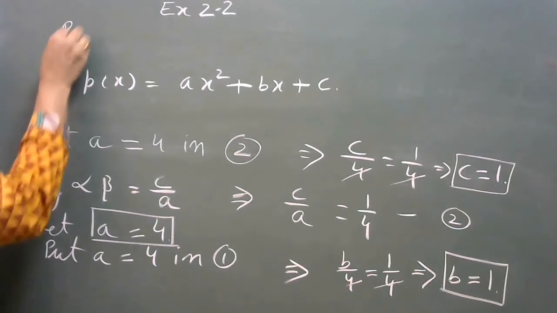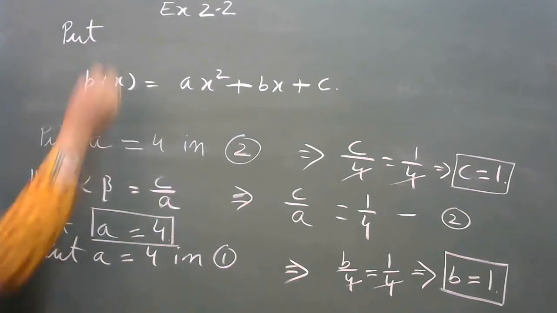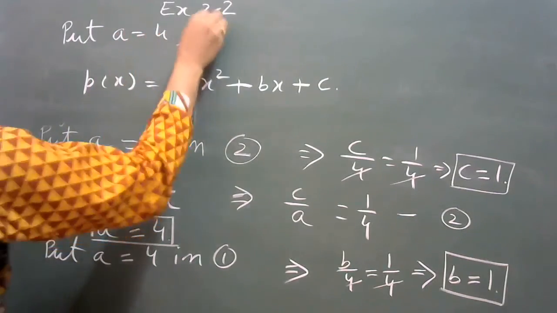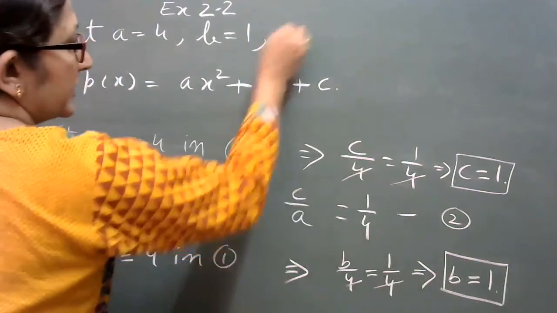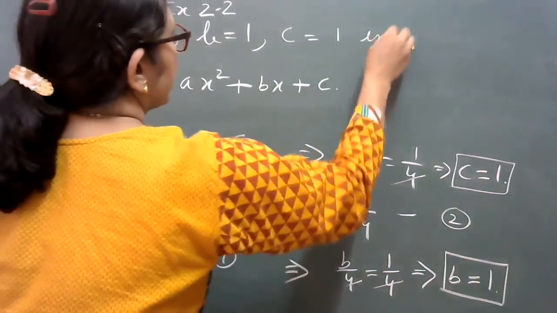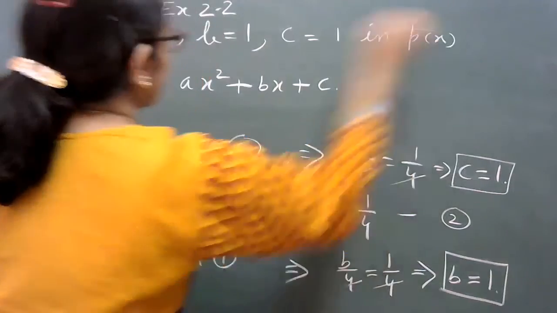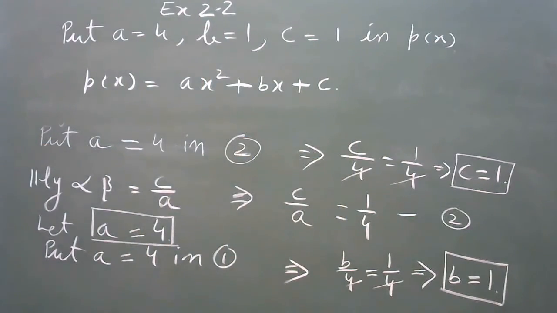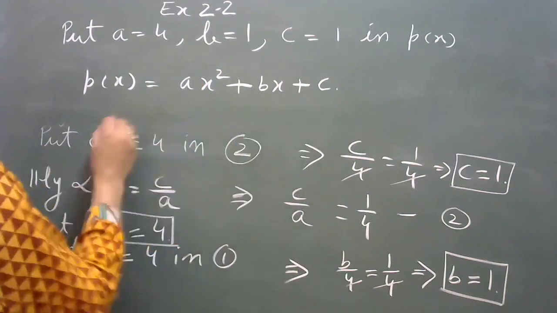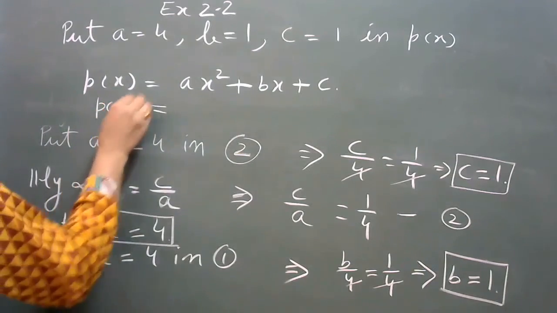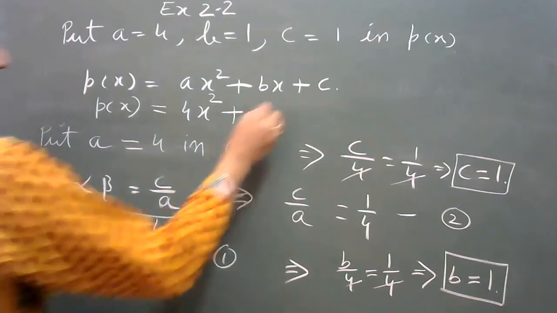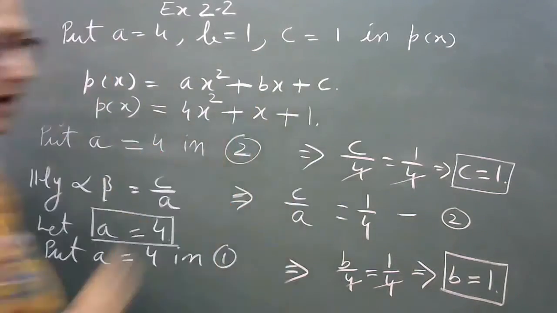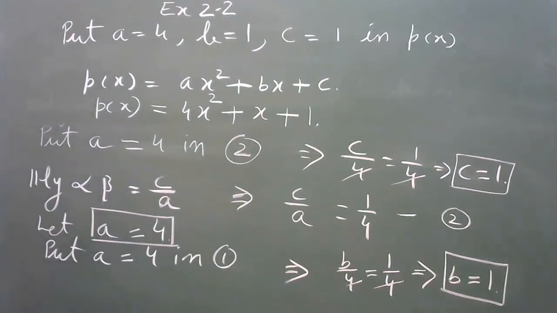Put the values: a is equal to 4, b is equal to 1 we have calculated, and c is 1. We assumed P(x) is ax square plus bx plus c, so it will be 4x square plus x plus 1. Clear? So this is the solution.